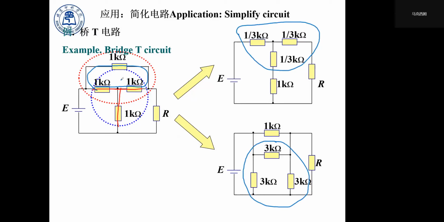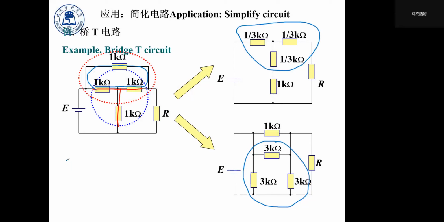And you see this is a 1 kilo ohm, and this one is 1/3 kilo ohms T-shaped. So if you choose the right corner, red circle transformation, we choose to transform this delta-shaped network into the T-shape, which means we change the outside.